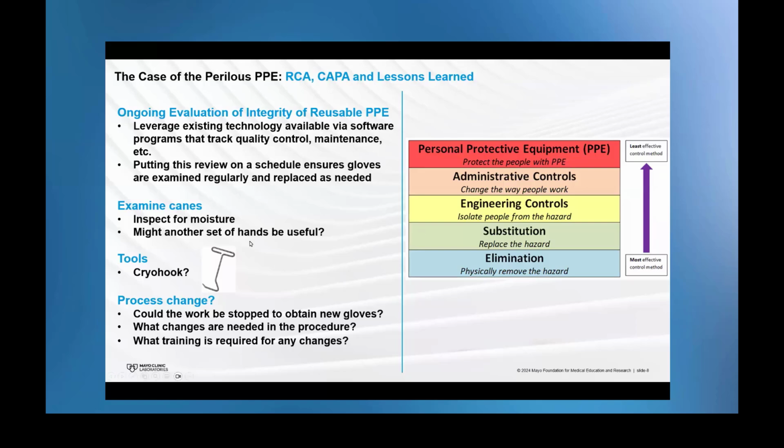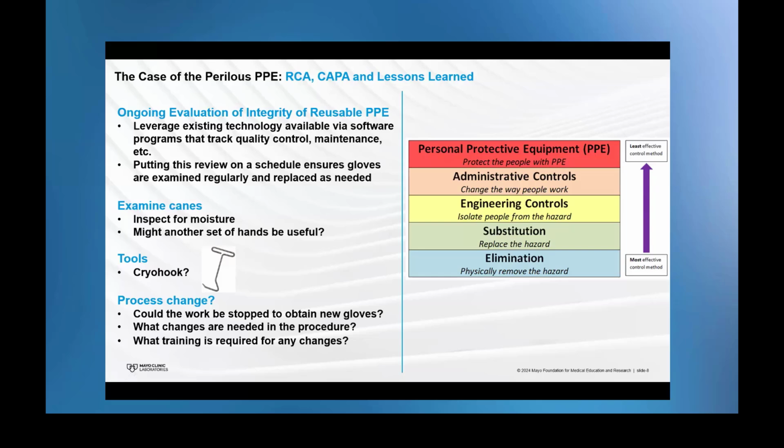But we can look at some tools, which we might call the engineering control in this case. So we're not directly handling the canister right away. Administrative controls, that would be putting that cryo hook into the procedure and also looking at the ongoing evaluation of these gloves. We really have to look at PPE in the situation. Despite being the least effective control method, it's one that we can control the most.